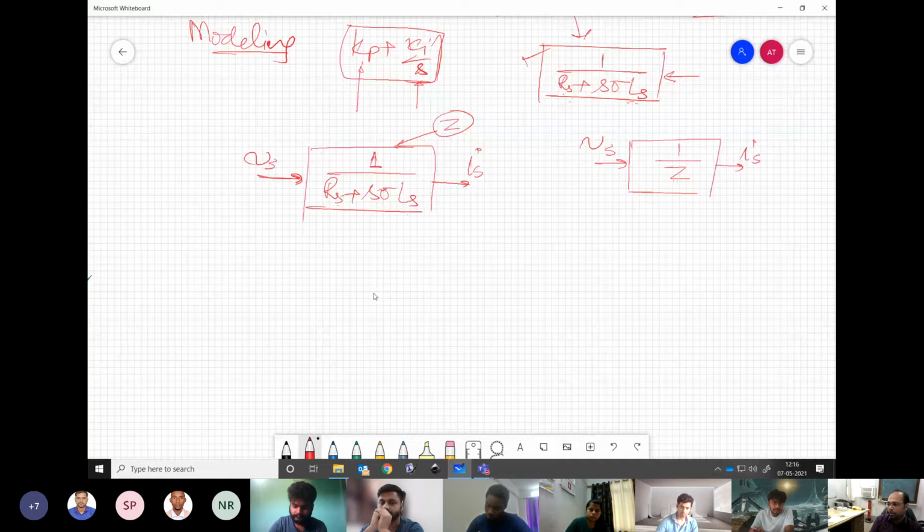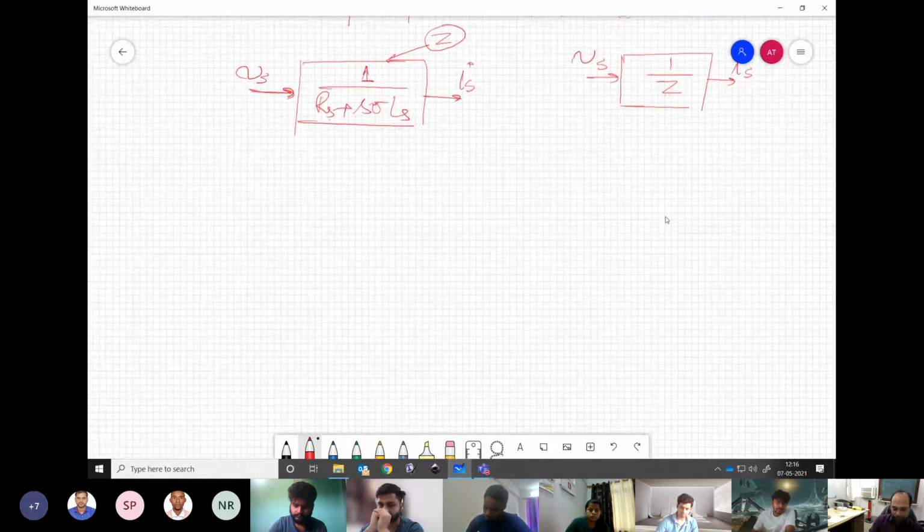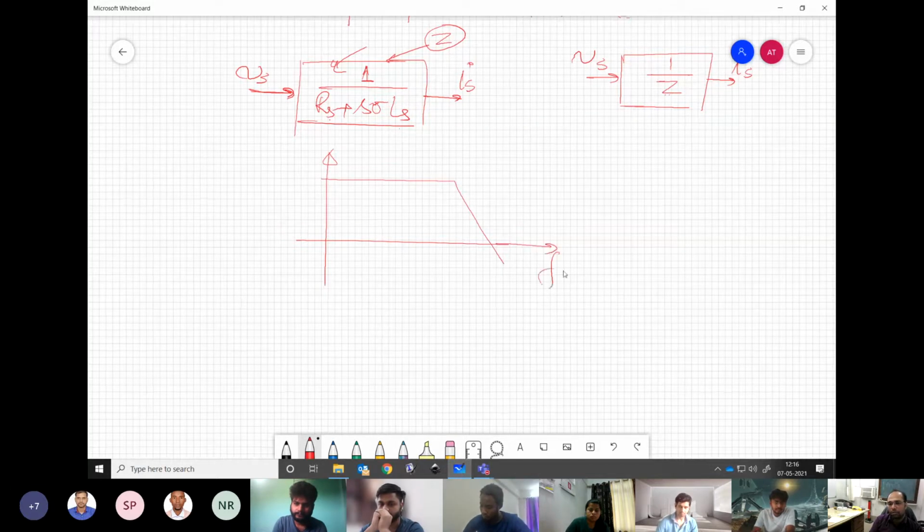Understanding my point? Now, if you have to plot, let us say, this gain 1 by Z, whatever is there, in terms of frequency response, it will be something like this. What is the meaning of this? Let's say G plant.